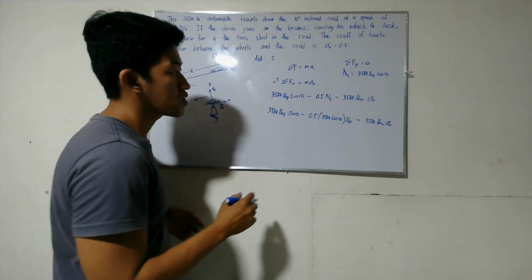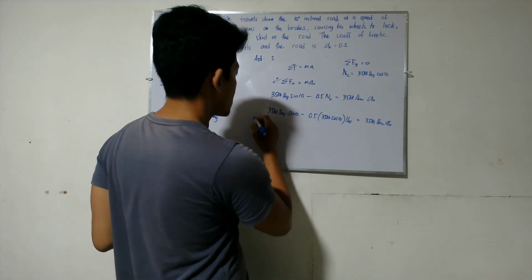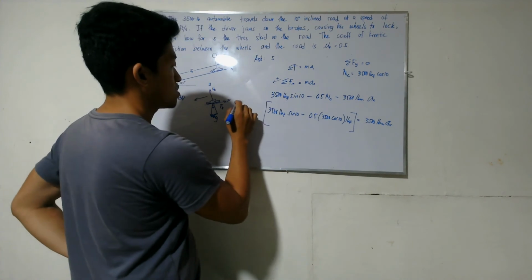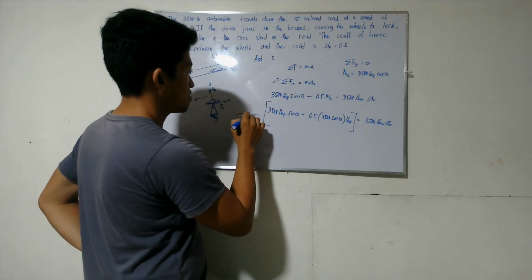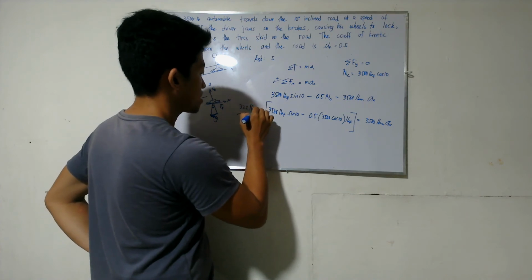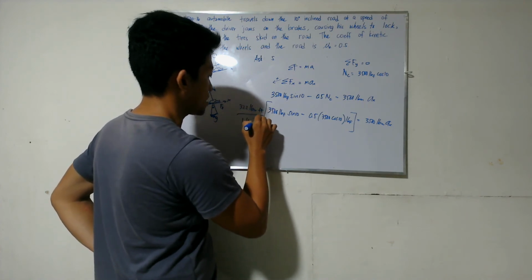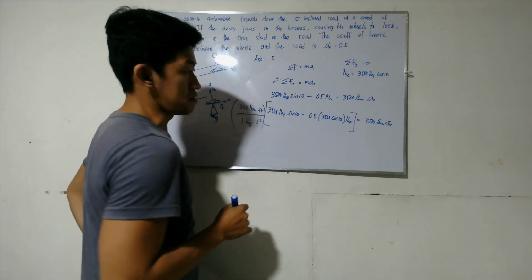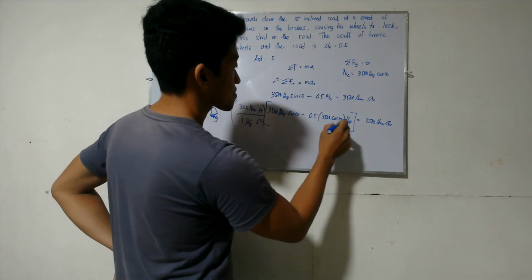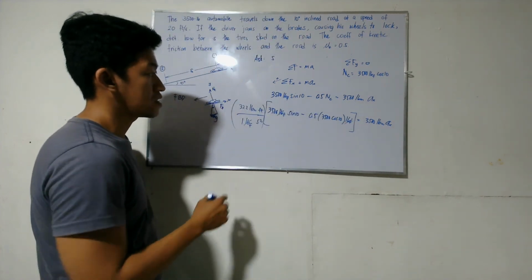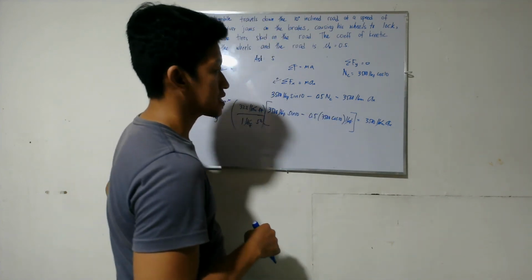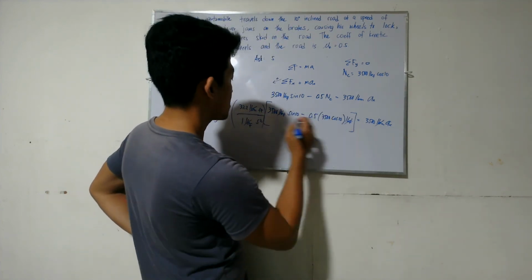Again we need to convert pound force into pound mass. 1 pound force is 32.2 pound mass feet per second squared. Alright? These cancel. The pound mass cancels, so what remains is feet per second squared.